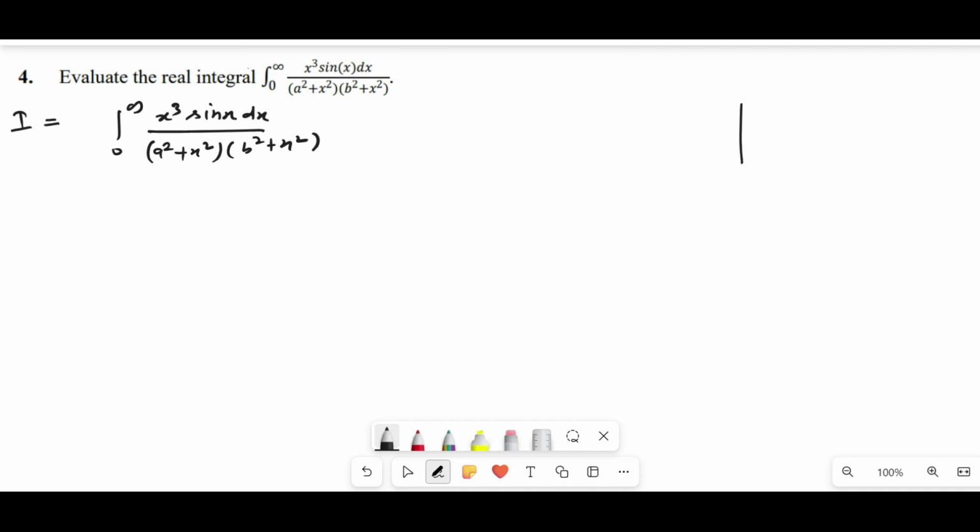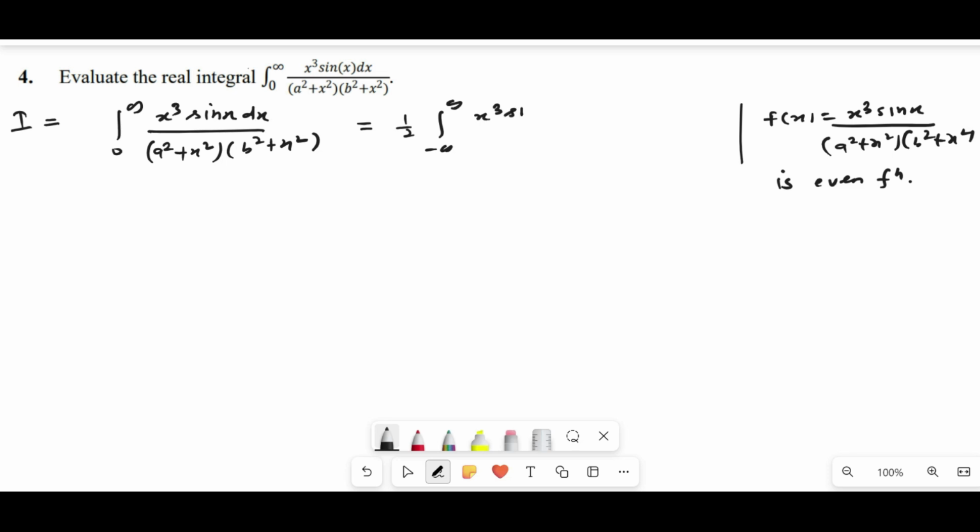As you can see, the function f of x, x cube sin x over (a square plus x square)(b square plus x square), is an even function. So if it is an even function, then we can write this integral as 1 by 2 times the integral from negative infinity to positive infinity of x to the power of 3 sin x dx over (a square plus x square)(b square plus x square).